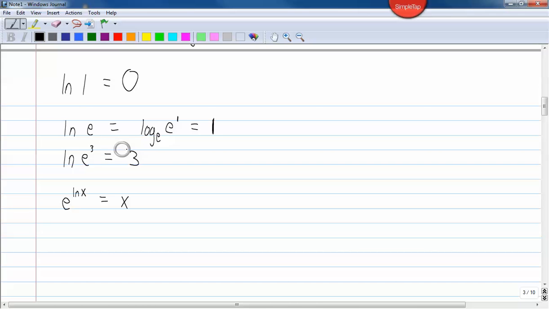Going back to this previous problem, if I wrote it in variable form, what if this was the natural log of e to the x? What is that equal to? X. If you look at these two problems right here long enough, and you have a really good algebra background, you probably notice something.